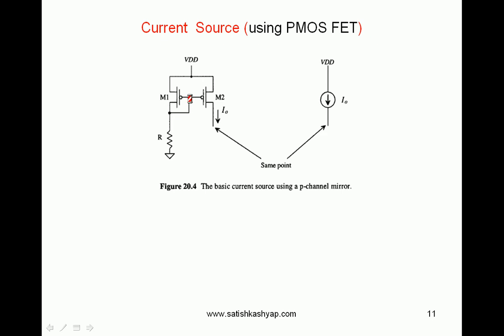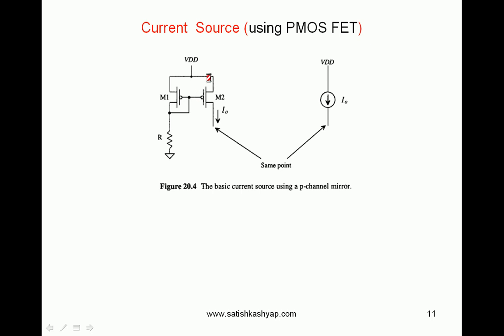And the gate to source voltage here, we don't call it VGS, we call it VSG, because the source is at higher potential. VSG is the voltage across source to gate. For the M2 transistor, this is the gate and this is the source.